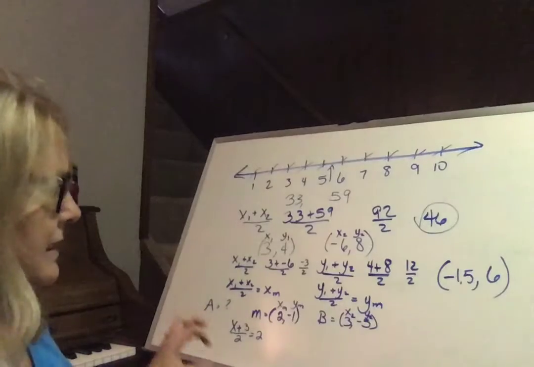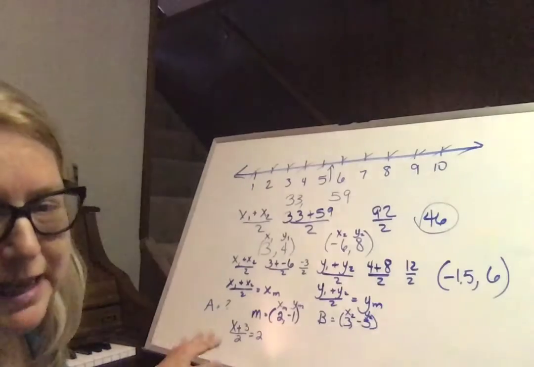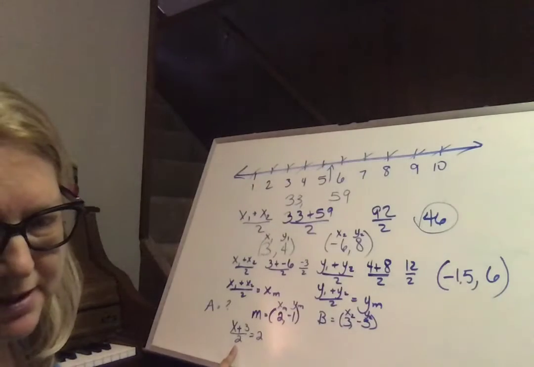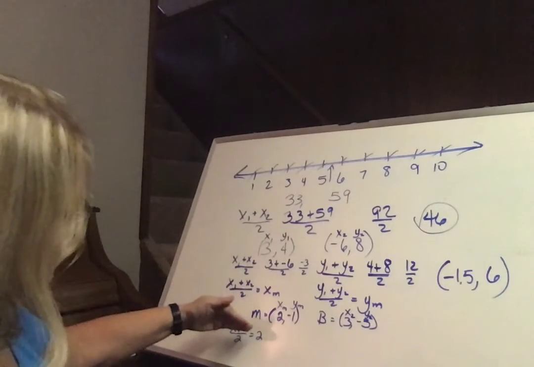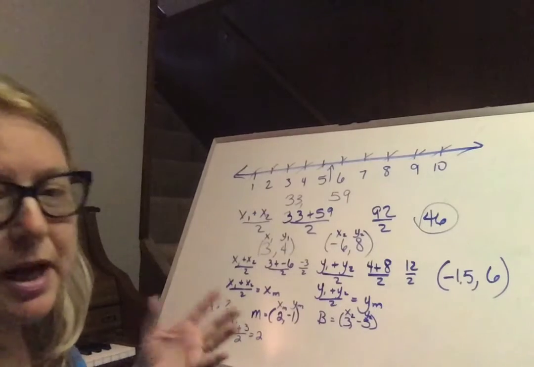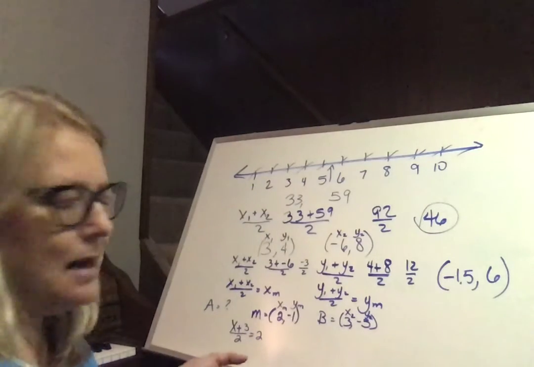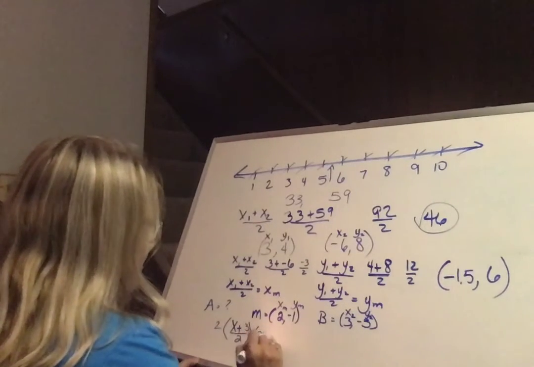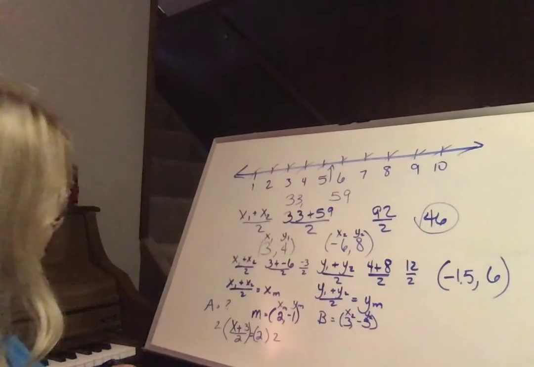It's the same idea, but much different algebra. How do we get rid of this divide by 2? To undo in algebra, we do the opposite. We multiply this whole part by 2, and we multiply this whole part by 2.